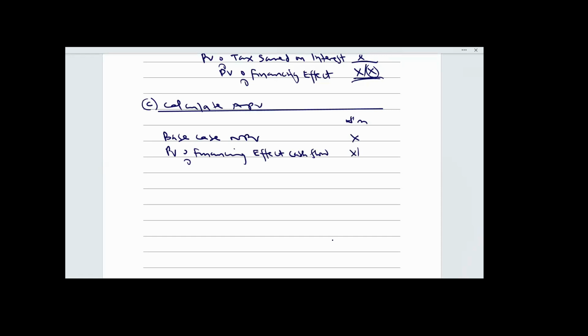This could be positive or negative. So at the end of the day, your APV could be positive or negative, just like your normal NPV. So that is the adjusted present value.